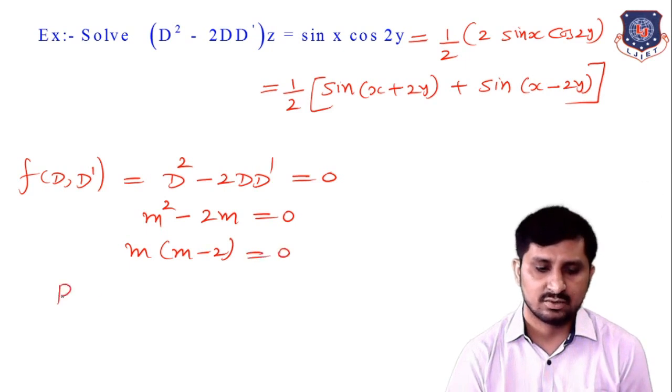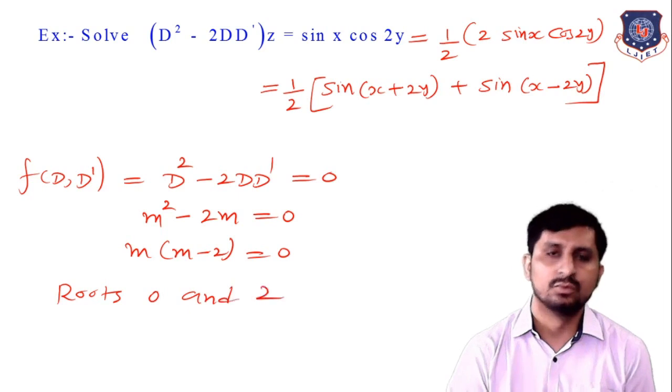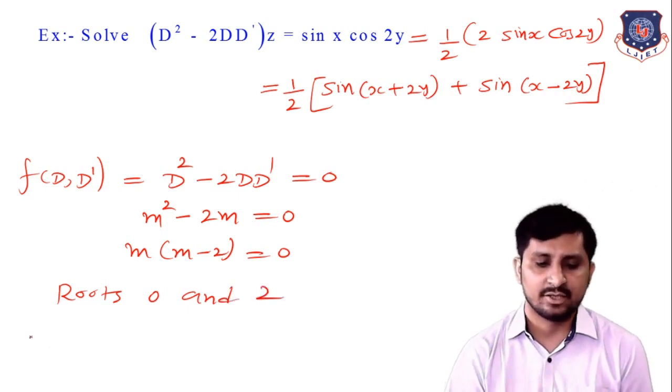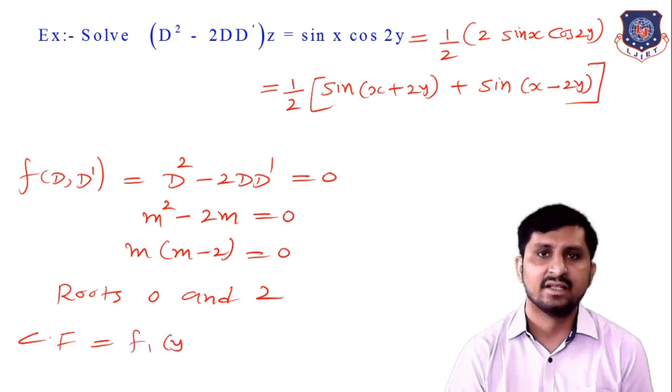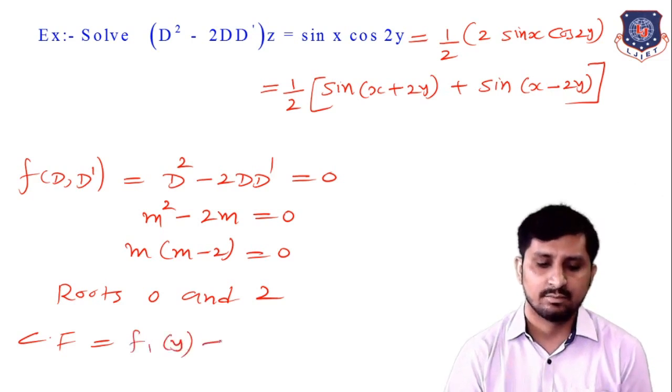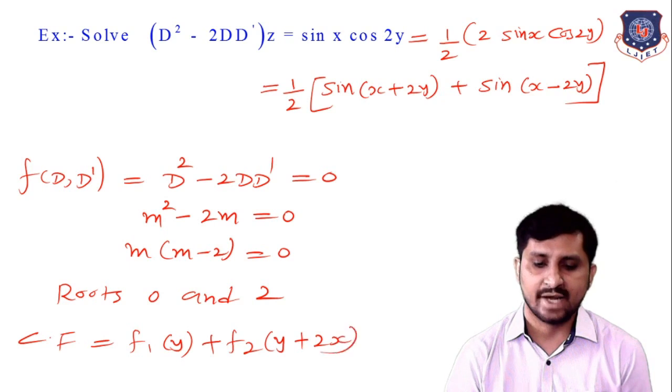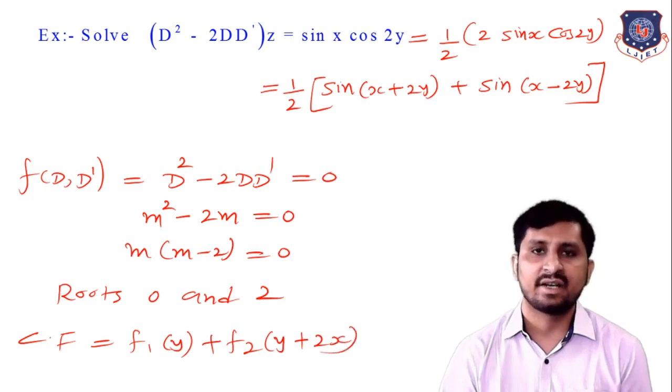So what are the roots? The roots are nothing but 0 and 2. So the complementary function is equal to f1(y plus 0 into x), that is f1(y) plus f2(y plus 2x). Okay, so this is my complementary function.